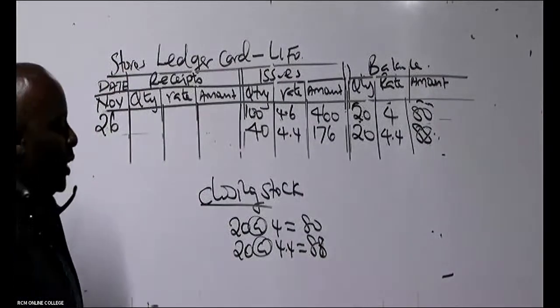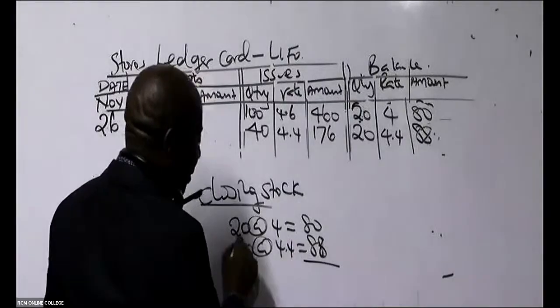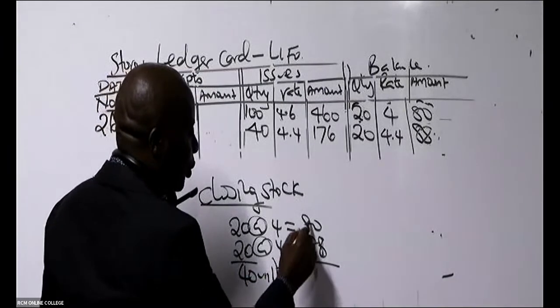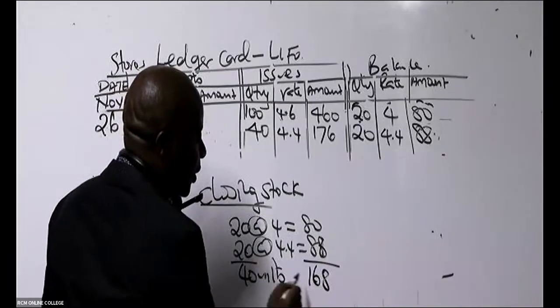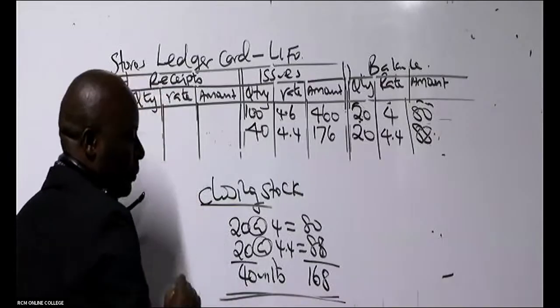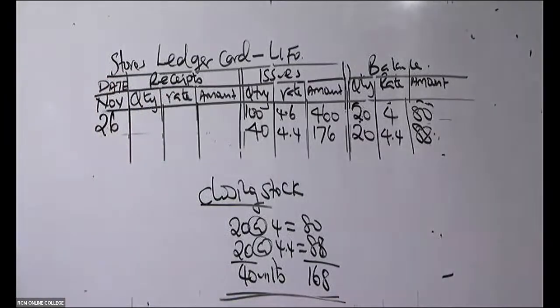So at the end of the day, we have our closing stock being 40 units, whose total value is 168. I don't have to get the average. You leave it like that. So is that okay?